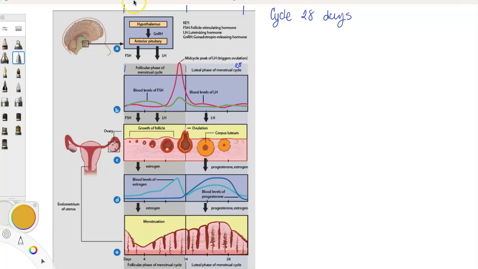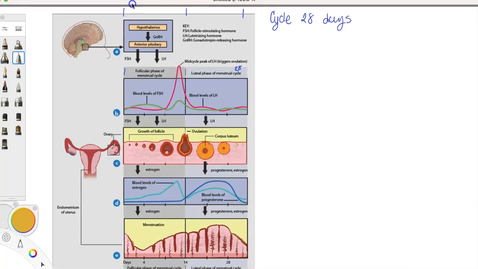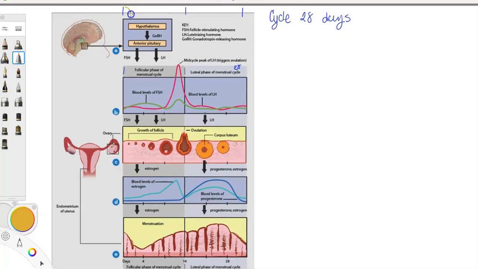On day 1, there's a slight rise in gonadotropin releasing hormone, and then over the course of about 14 days, it sort of squirts it out in consistent impulses, okay?